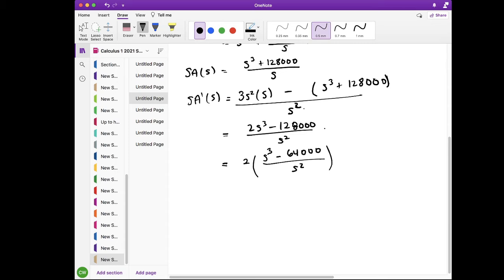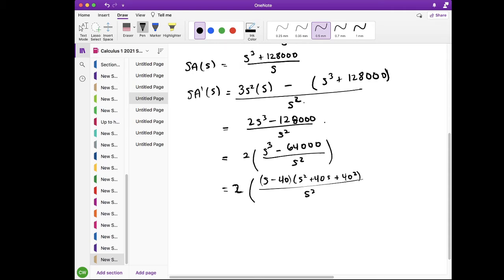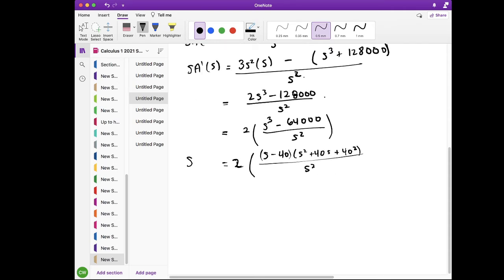Yeah, it is. It's 40. So okay, let's factor it. S minus 40 times S squared plus 40 S plus whatever 40 squared is, over S squared. This is SA prime. Okay.